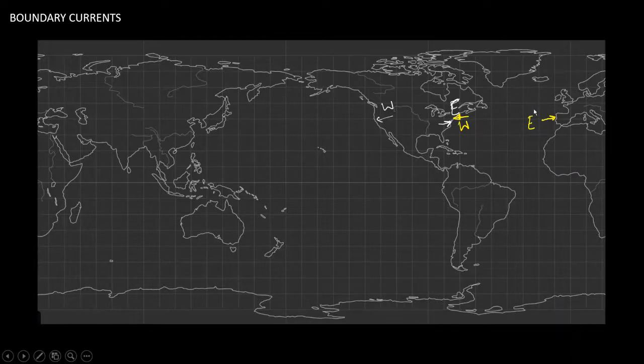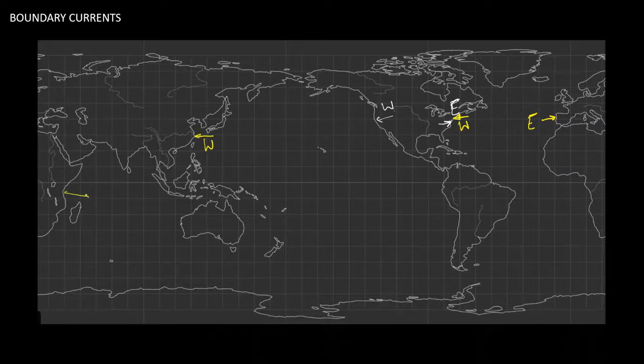So what does this mean? It means that the western boundary of an ocean coincides with the eastern boundary of continents. You can see this across the globe. This is the western side of the Pacific Ocean.